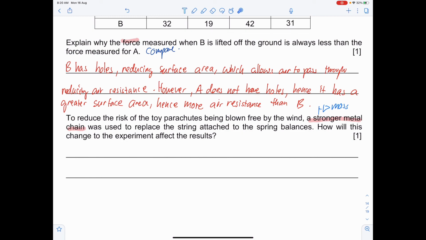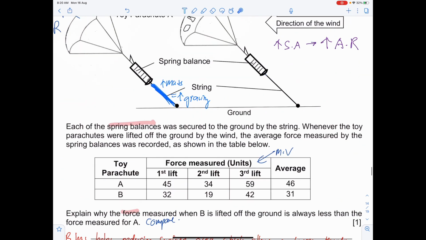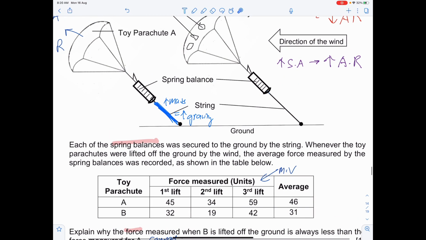Because now you have additional mass on it, obviously you are going to need more force to lift it up. Just like if I ask you to lift a 10 kg box, and then I say, I feel that it's not secure enough, so I'm going to change the box from a cardboard box to a metal case box, maybe there's an additional 3 kg.